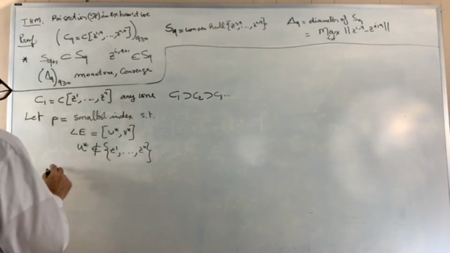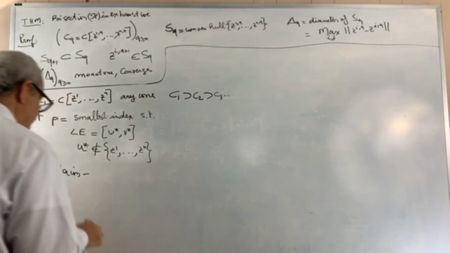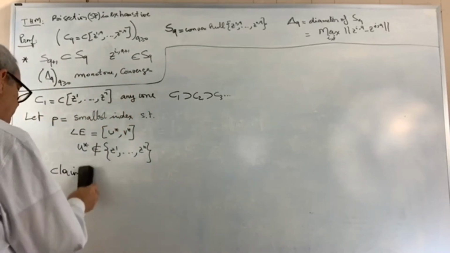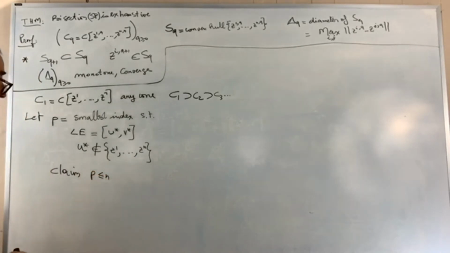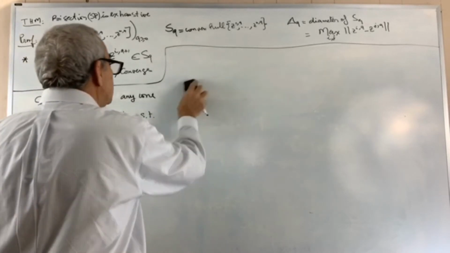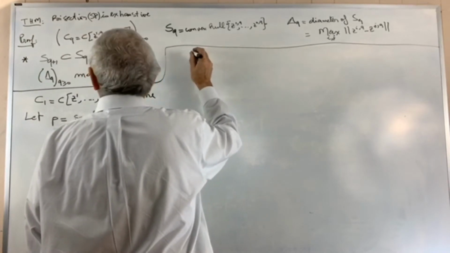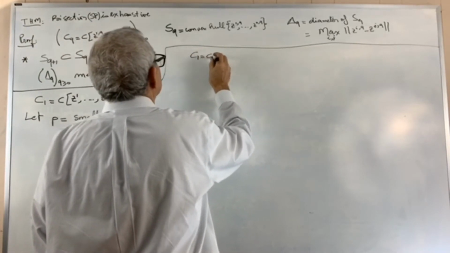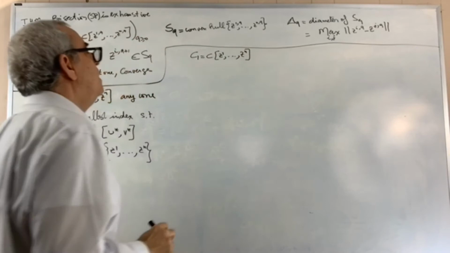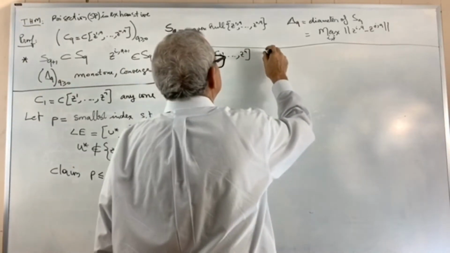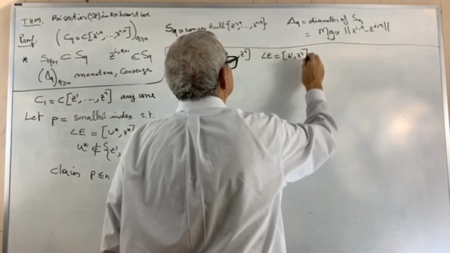So the claim I'm making is that P is less or equal to n. Okay, and let's prove that. So we start with C1, Z1 through Zn, right? And let's say the longest edge is equal to Z1, Z2, without loss of generality.